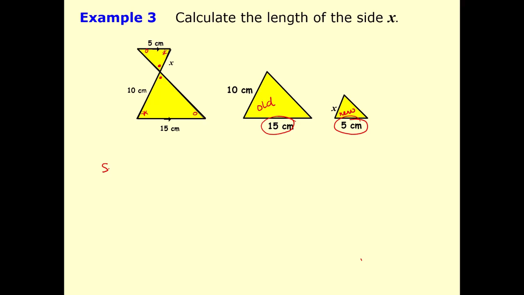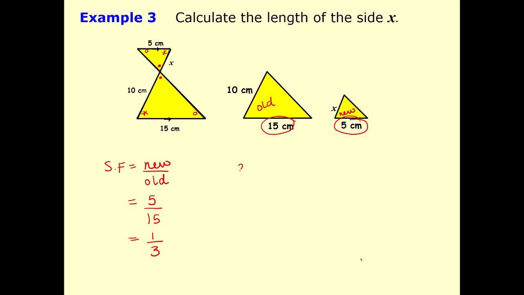We're going to go ahead, as always, calculate our scale factor, which is new over old. Our new corresponding side, as I've just said, is 5, and we're going to divide that by 15, and we can simplify that to a third.